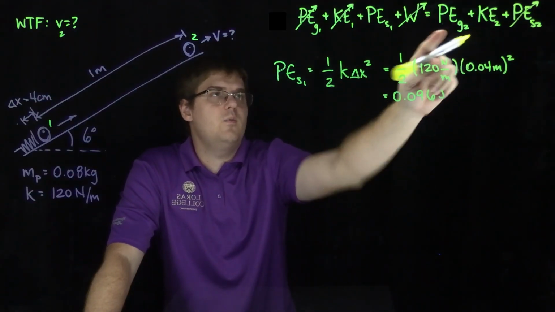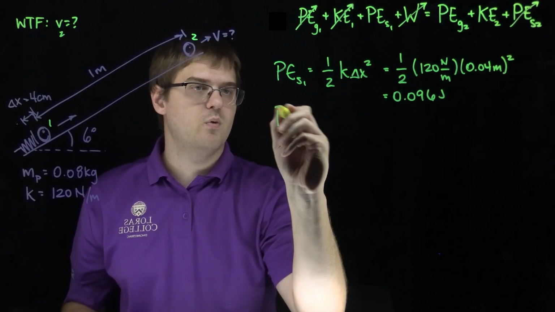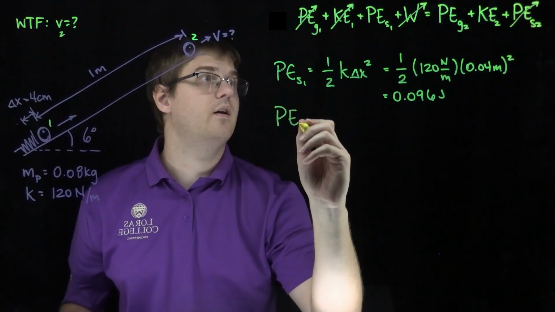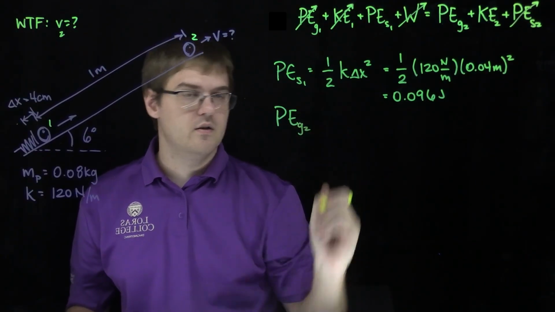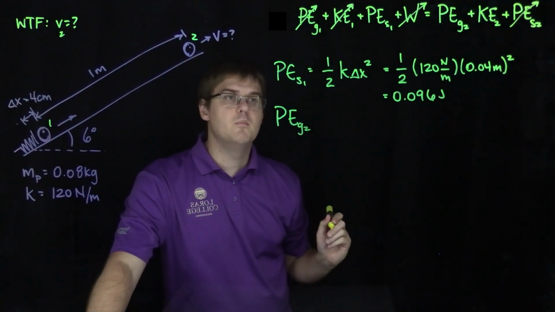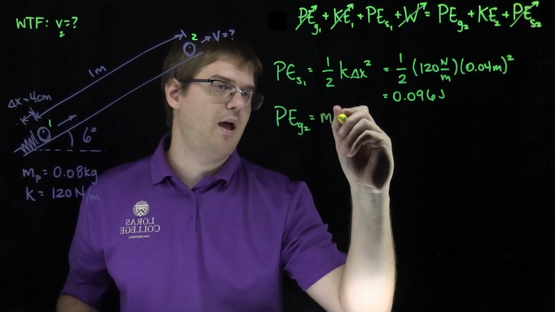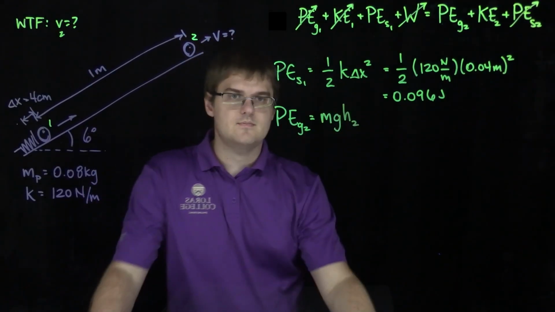If we want KE, we also need potential energy of gravity at 2. This one, I normally am just going to write PE, and on the spring, I'll have the S. For this day, I will write the G, but I don't want you guys to get confused. So I've got mass times gravity times my height at 2.